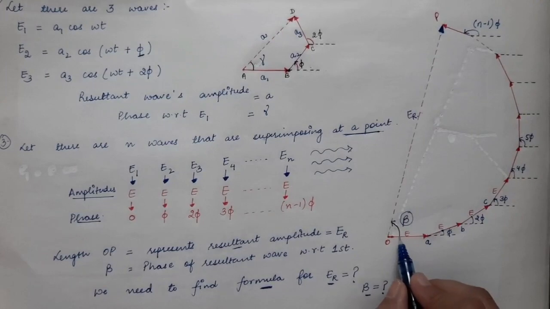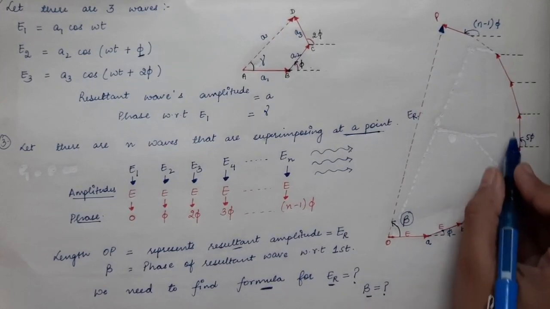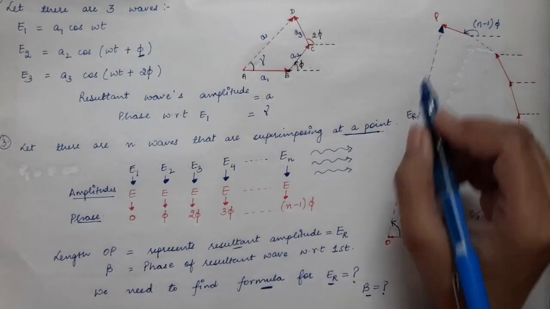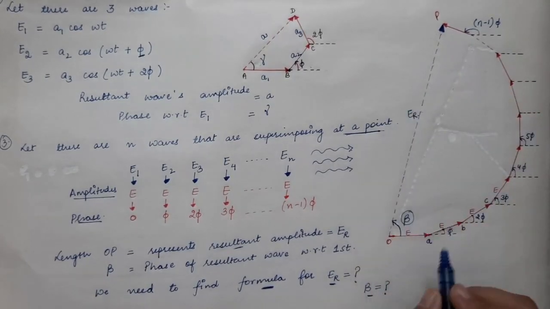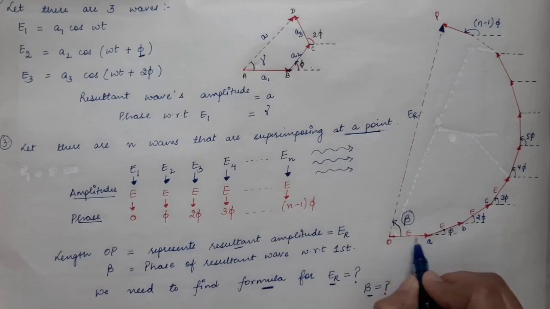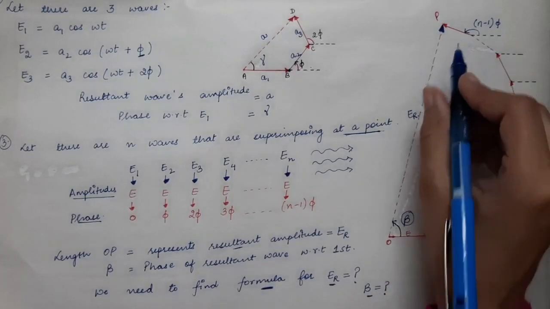The summation of the horizontal components of all these vectors will be equal to the horizontal component of the resultant vector, and likewise the summation of the vertical components of all these vectors will be equal to the vertical component of the resultant vector.